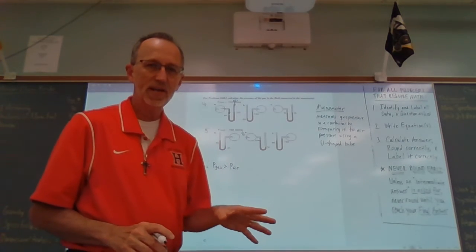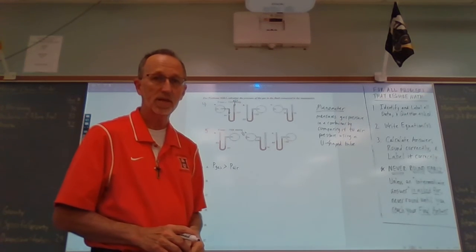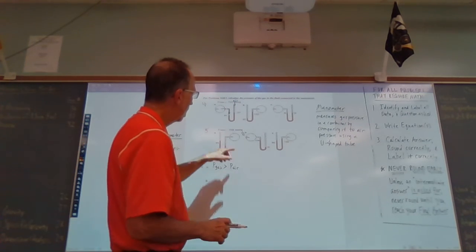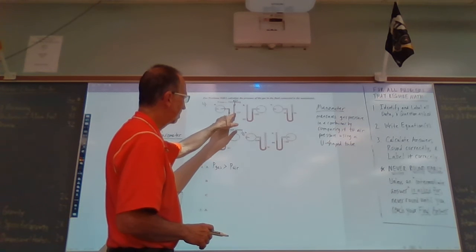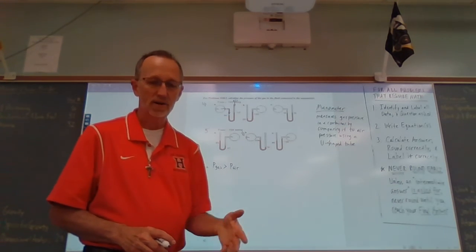So now how do we figure out what it is? Well, we know what the air pressure is. It's 730 millimeters of mercury. The difference between these levels here is going to tell us how much greater it is.